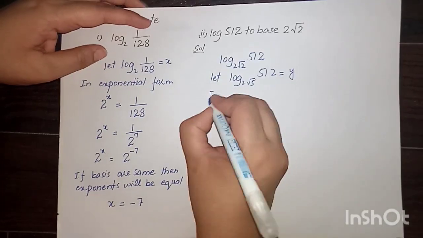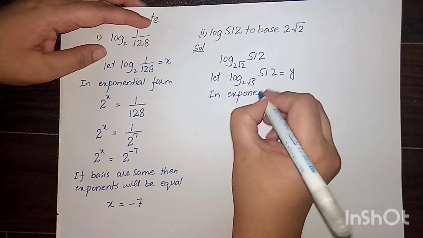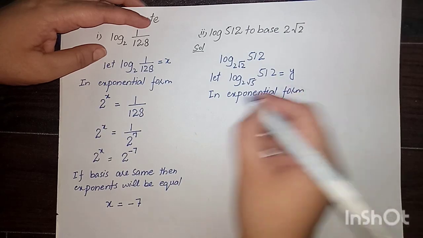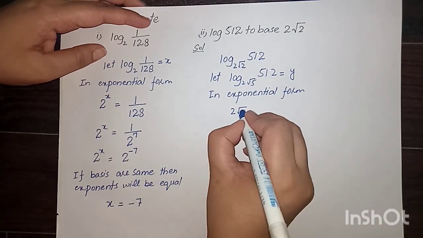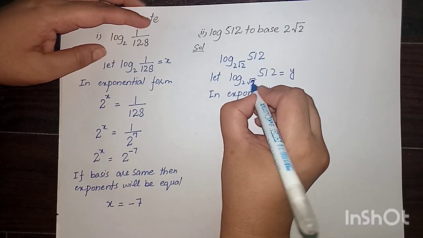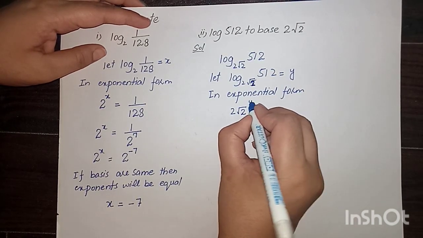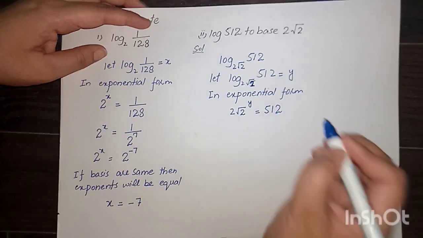Now we convert it into exponential form. This is equal to 2 square root of 2 to the power of y is equal to 512.